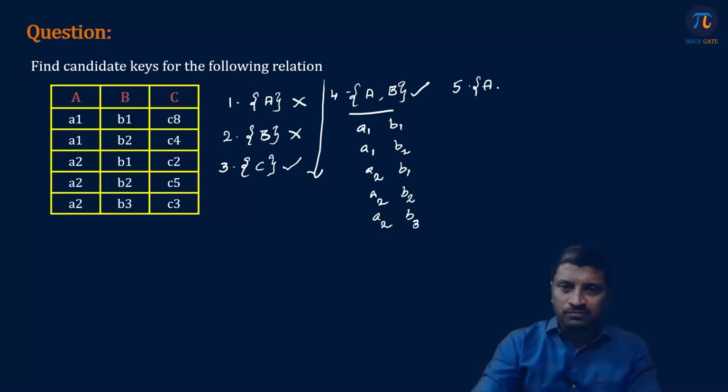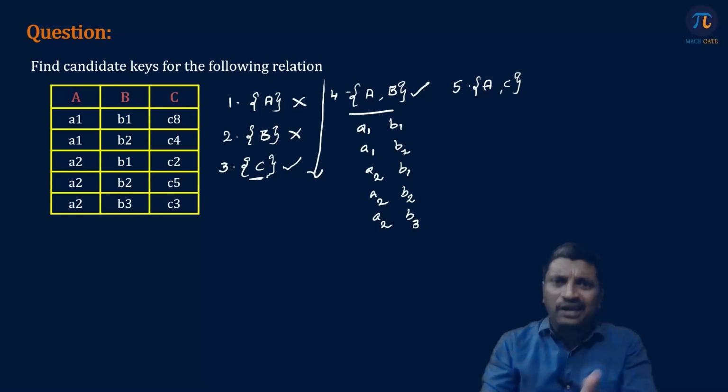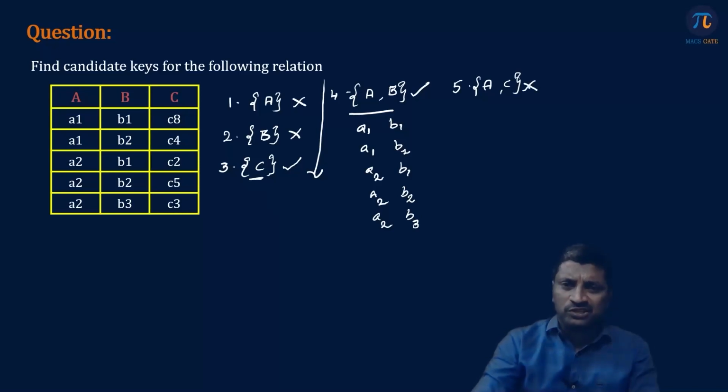A comma C. Is it needed to verify it, sir? No, because C is already a candidate key. Whenever C is already a candidate key, it is enough to identify the records. Why do we need extra attribute A? So this cannot be a minimal set. So this is not a candidate key. What about next one, sir?